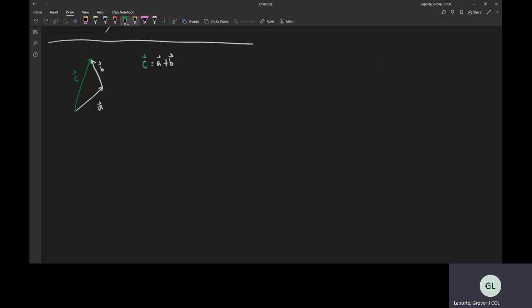The reason I point this out is that we need to know this first in order to understand the next part. So what would C minus B equal? Remember, all we're doing here is scalar multiplication.